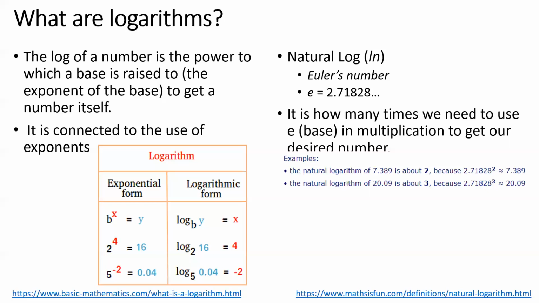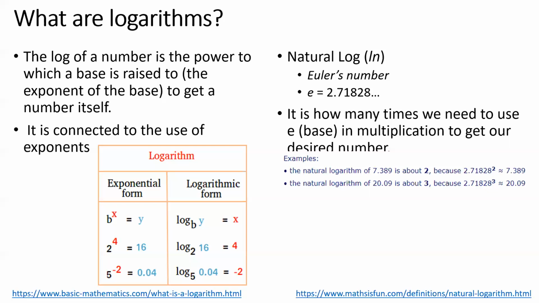So the natural logarithm of a number is the logarithm using base e, which is Euler's number, and it comes out to 2.71828. Don't ask me why, it just does. It is how many times we need to use e, right? So now you have your base e, to get to a desired number.